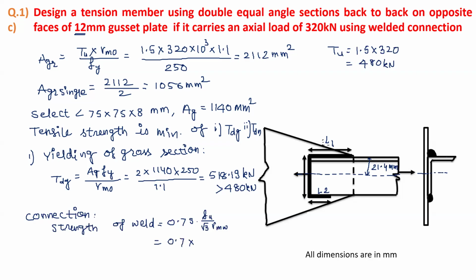We will consider a 6 millimeter weld. So 0.7 into 6, Fu is 410, root 3 into 1.25. Assume 6 weld. And from this we get 795.36 Newton per millimeter.